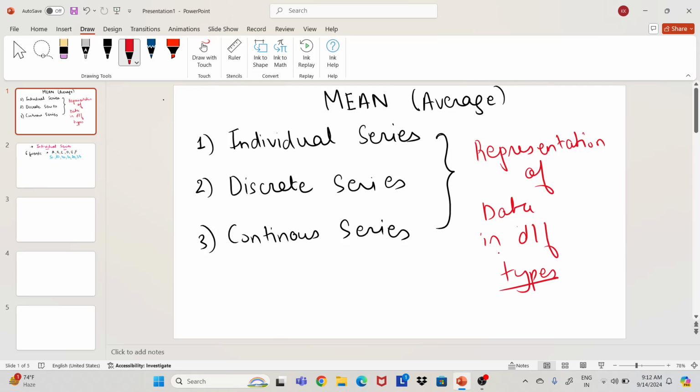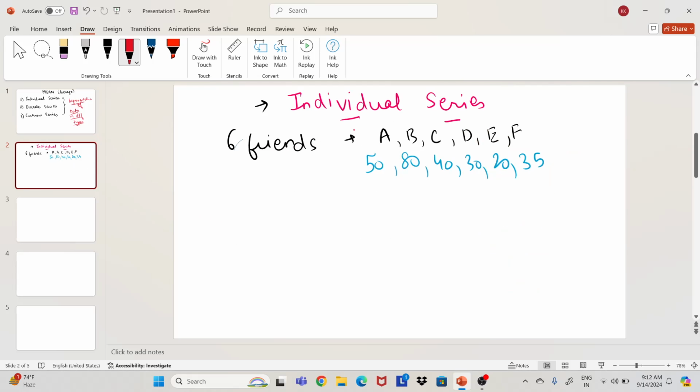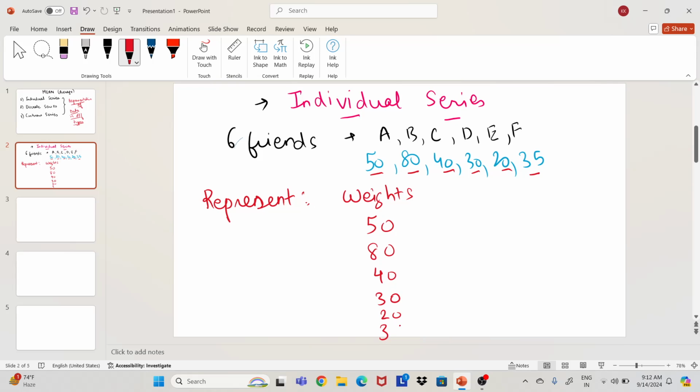So if you know that the weight of six friends is 50, 80, 40, 30, 20, and 35, and I ask you to give me the data and you need to represent it, how will you write this? You'll just give the heading, that is weights, and you'll write 50, 80, 40, 30, 20, and 35.